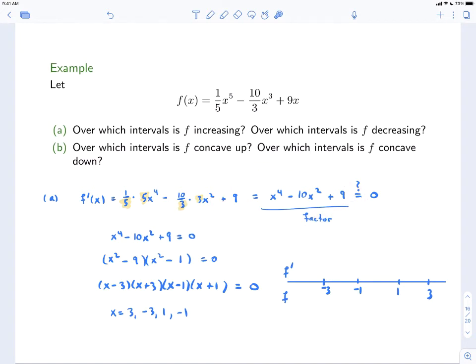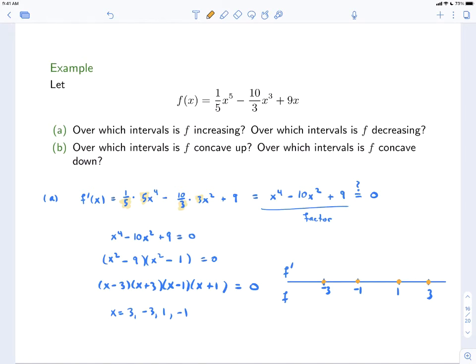So the only way that it can change from positive to negative is by passing through 0. And it does that at these 4 points, where our derivative is actually 0. And we just need to determine whether it's positive or negative on either side of these points.